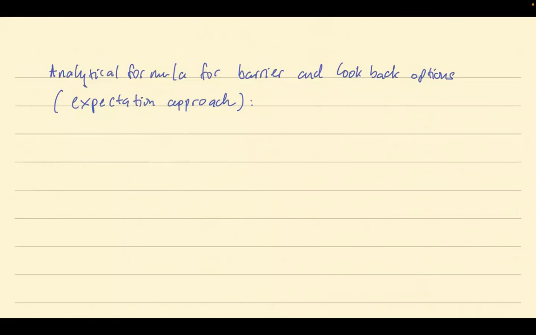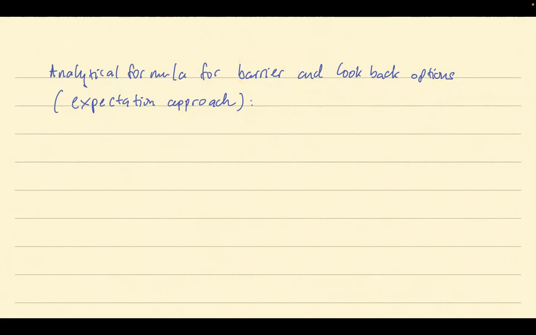So what's the idea? We talk about both of these, and the reason is this: in both the barrier and the look back, and by barrier I mean up and out, and up and in, I guess, the down part will be similar, but you have to switch sign.